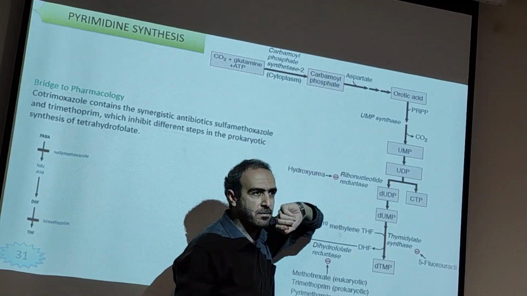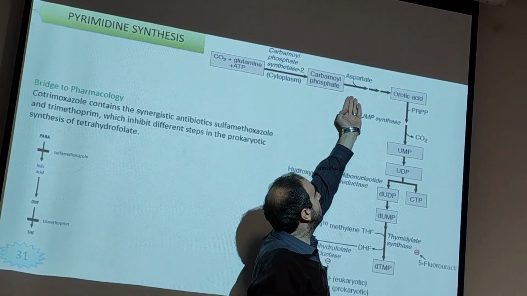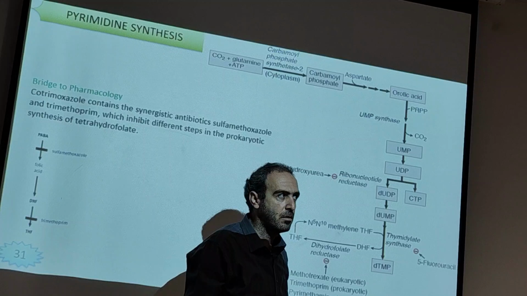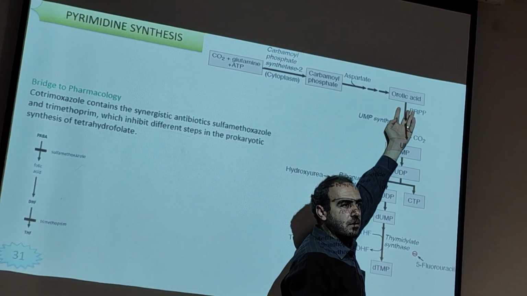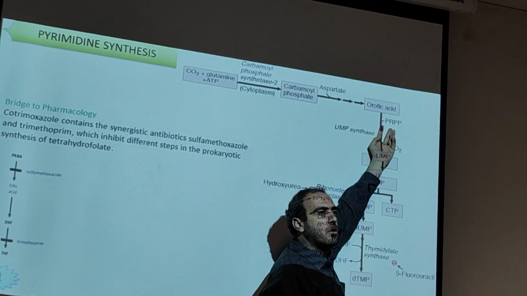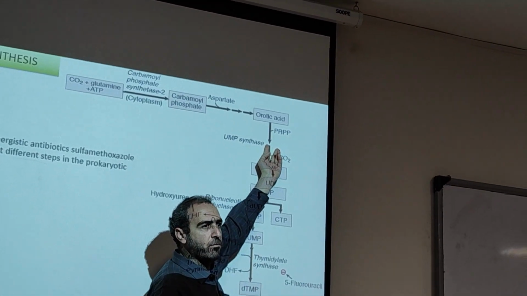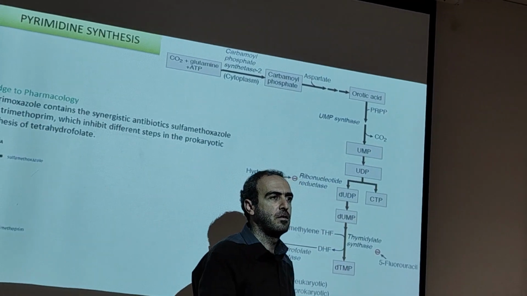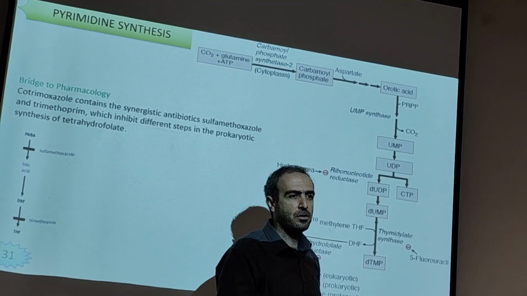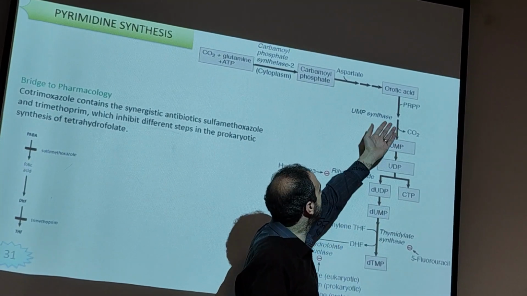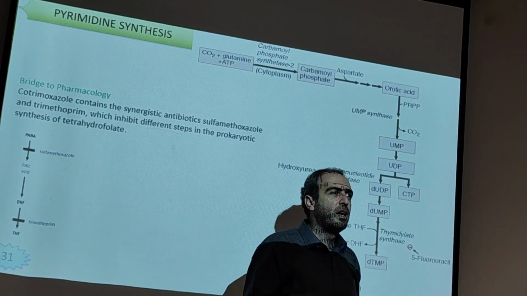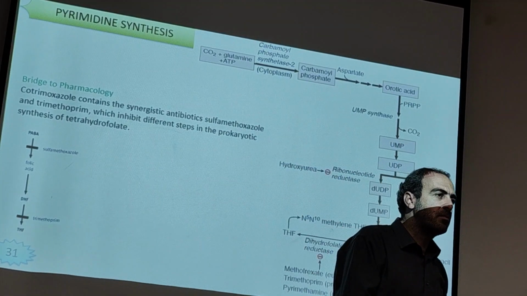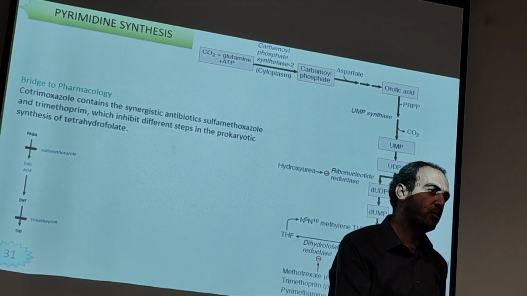And carbamoyl phosphate, by receiving aspartate, becomes orotic acid. Orotic acid, or OMP, by receiving phosphate, is the first pyrimidine nucleotide. Then it receives PRPP, so it has a difference with purine production.